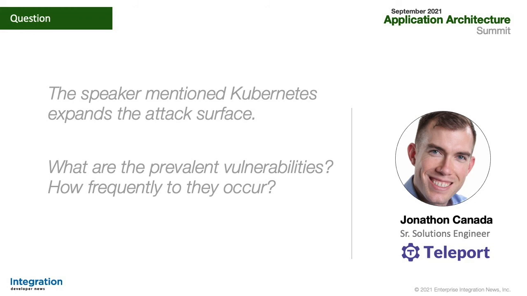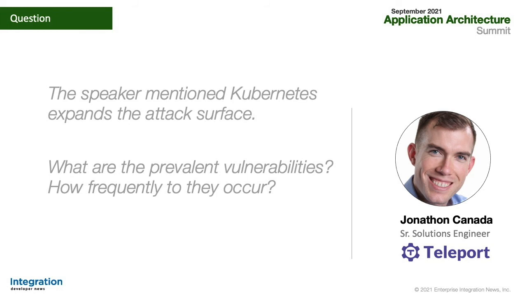They occur very frequently. What I see is people using a lot of just default configurations with Kubernetes. I think a lot of organizations, as I mentioned in my slides, kind of forget about how many pieces are part of Kubernetes. So the operating systems that Kubernetes is running on, forgetting to patch those operating systems, not limiting network connectivity between different pods, different Kubernetes clusters.